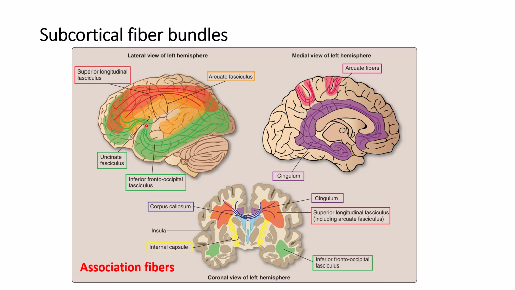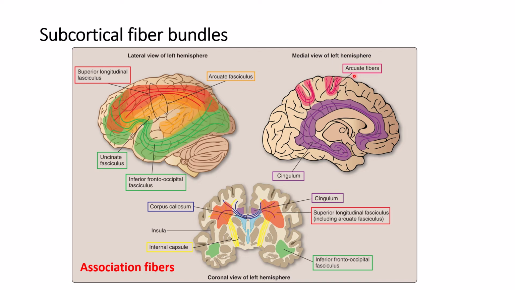You can see the uncinate fasciculus, connecting the frontal lobe and the temporal lobe, and the inferior fronto-occipital fasciculus, connecting the temporal lobe and occipital lobe, but also getting fibers from the frontal lobe. You can also see the arcuate fasciculus, and I will come back to this later to show you its importance.